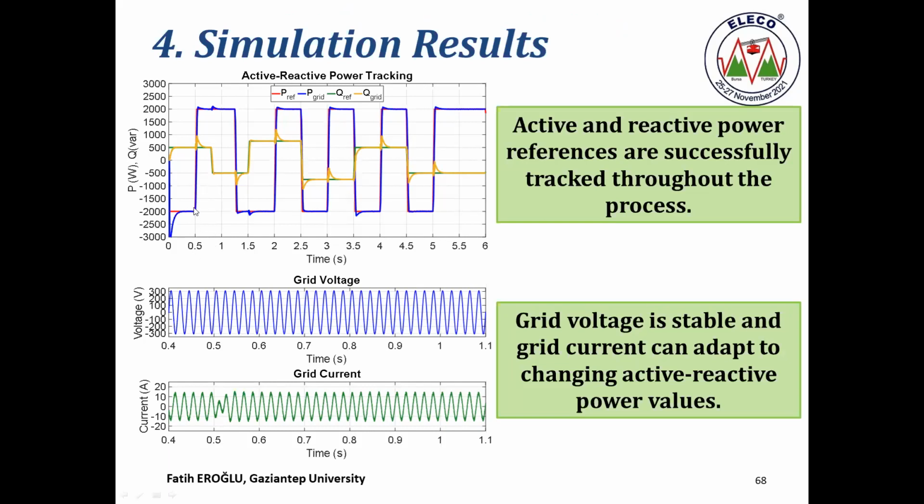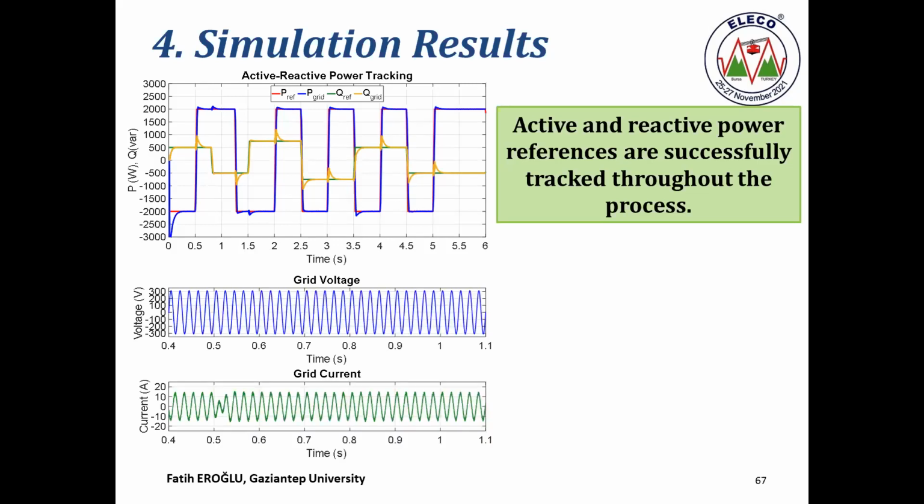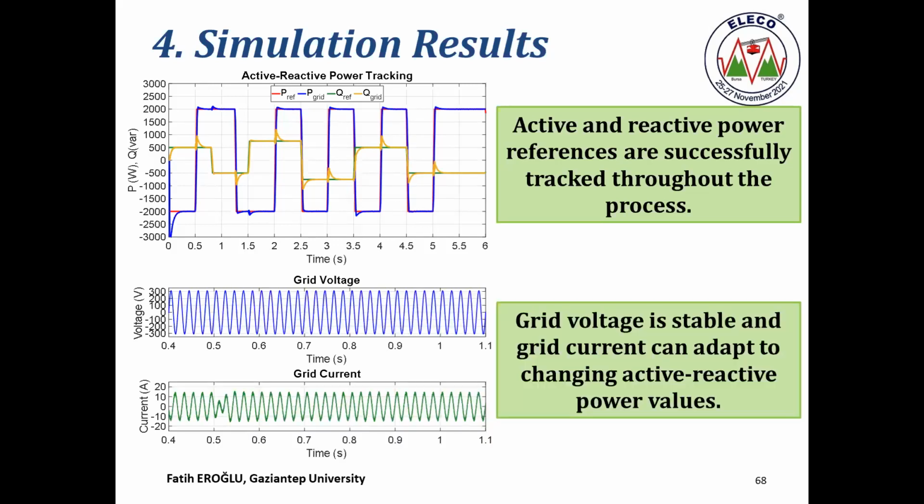This is the point where we change the active and reactive power references, and consequently the active and reactive power of the system as well. That's why there is such uncertainty at this moment. But again, it adapts to this condition and goes on as expected.